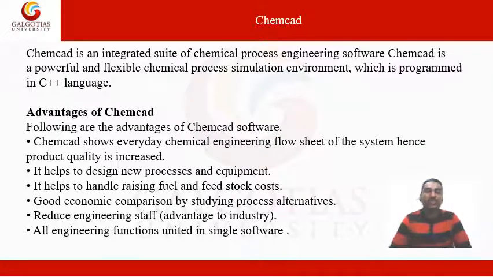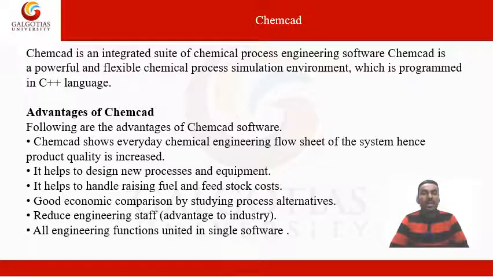ChemCAD. Now we are going to discuss ChemCAD and its advantages. ChemCAD is an integrated suite for chemical process engineers. It is a powerful and flexible chemical process simulation environment which is programmed in C++.